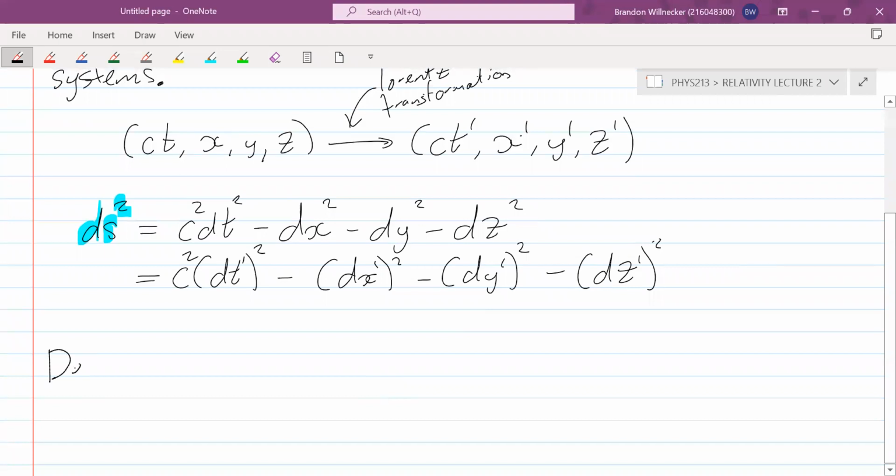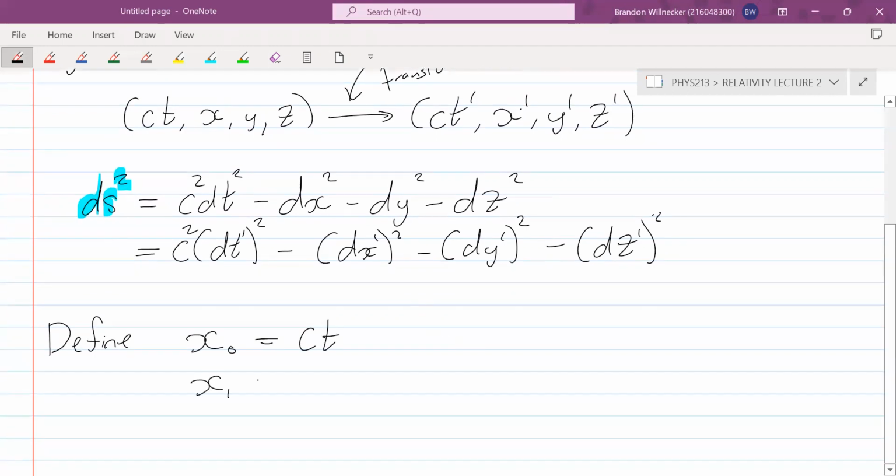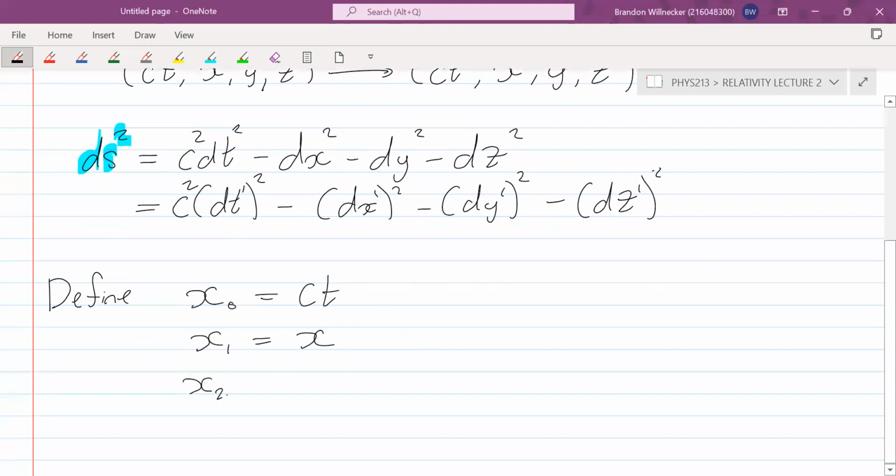So we define x naught to be equal to c times t. Okay, so it's a length quantity. Speed times time, that's a length. We call that x naught. Then x1 is just going to be x as we had it before. x2 is going to be y, and x3 is going to be z.